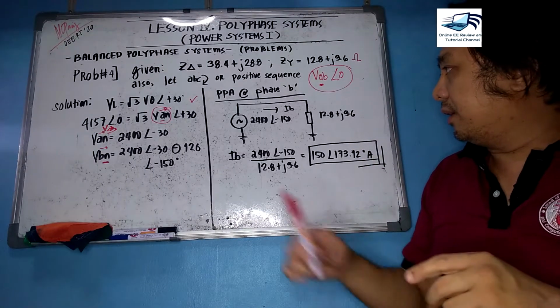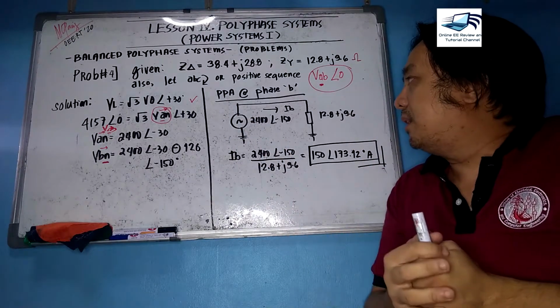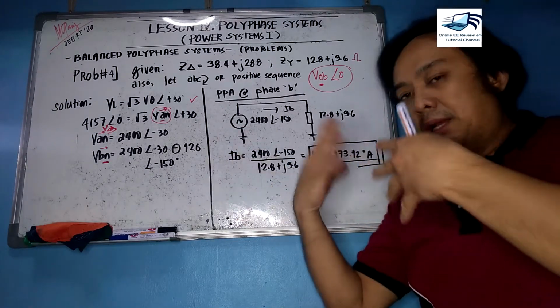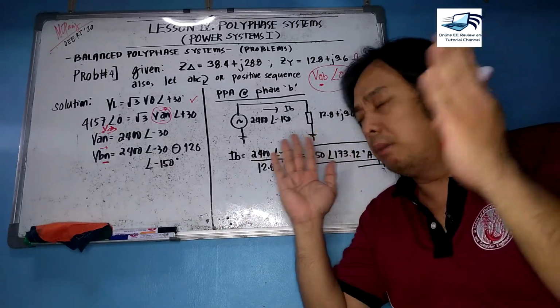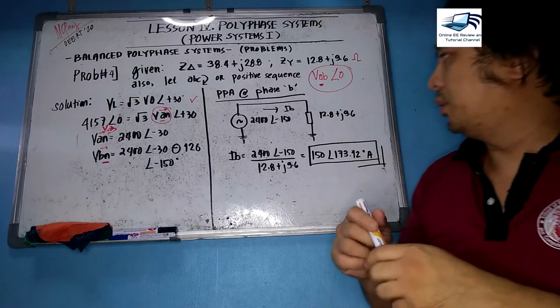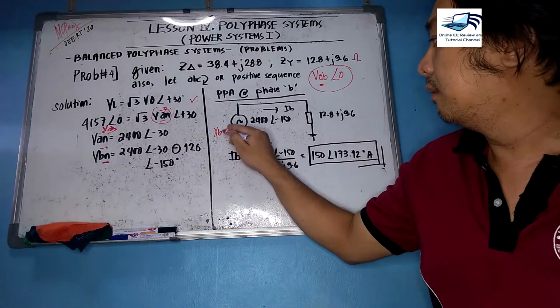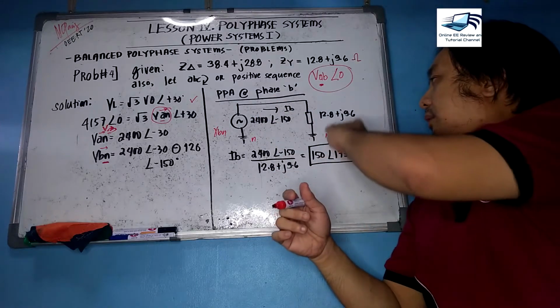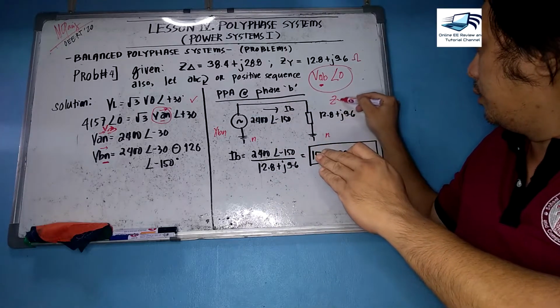So here it is, the per phase analysis at phase B. I did not draw the whole power system diagram anymore because we already discussed that one in problems 1 and 2. So you have here your B and N, you have your neutrals, of course, and you have your IB, and this is your ZY load.